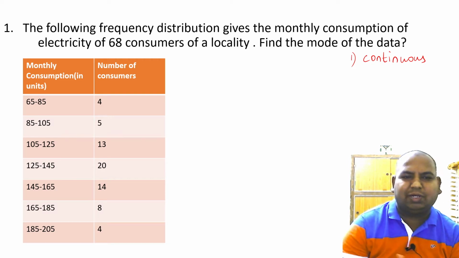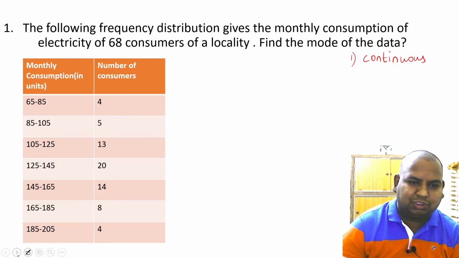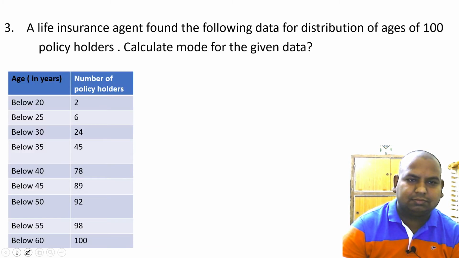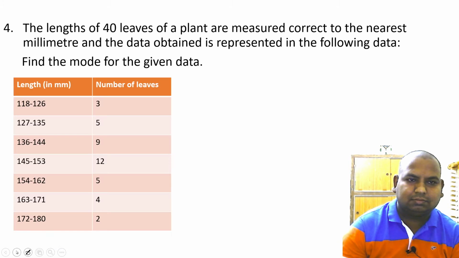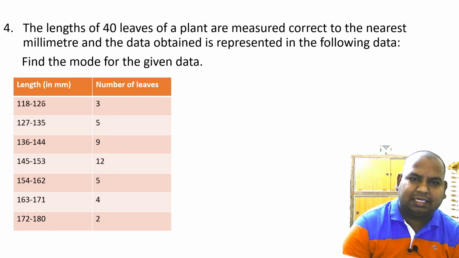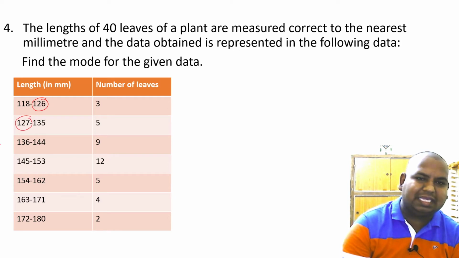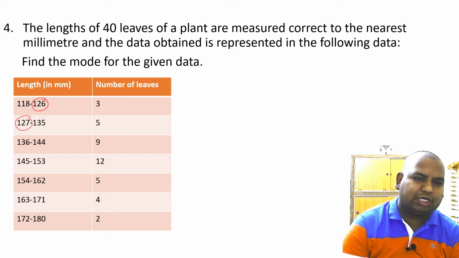Let me show you an example of non-continuous class intervals. Here the class intervals are non-continuous. Here we have 126, here we have 127, so we have a break. These are said to be non-continuous.